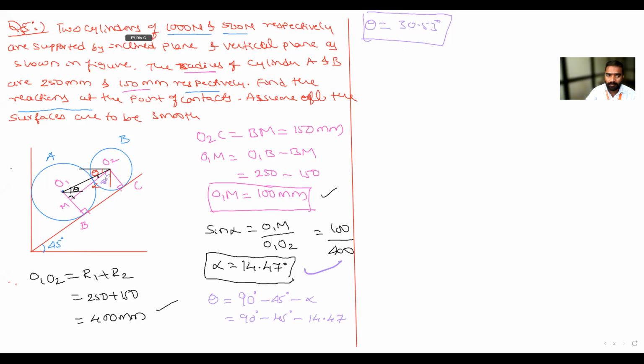But sin alpha is only this much. I need theta, which is 90 minus the plane angle minus alpha, giving 30.53. This is tricky, so go through it once again. After calculating the theta value, it is very simple, because you have already solved the same problem.